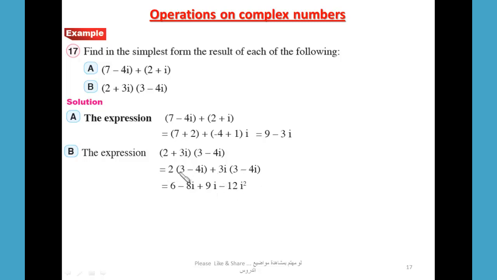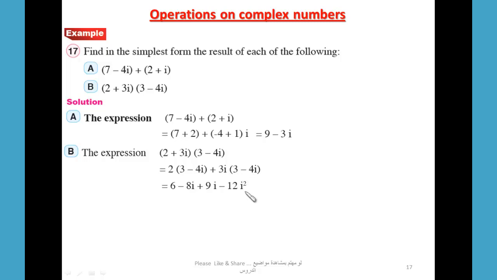Again, 2 multiply 3 equals 6. 2 multiply negative 4i equals negative 8i. And we will multiply 3i by 3 minus 4i. So 3i multiply 3 is positive 9i. And 3i multiply negative 4i is negative 12i to the power 2.